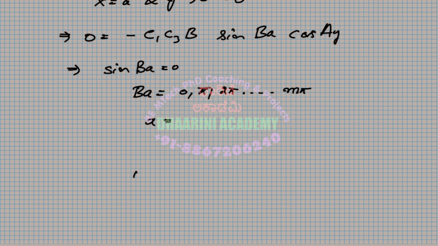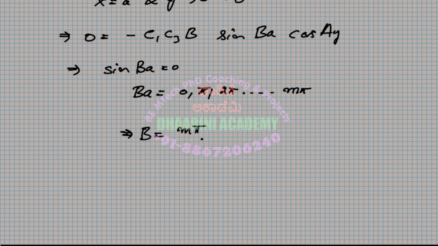Let me try to find out the value of capital B now, because capital B is unknown to me. So this implies the value of capital B should be equal to m pi divided by A. So I'll call this as equation number, say 6.